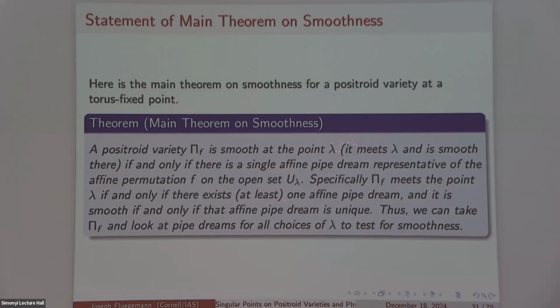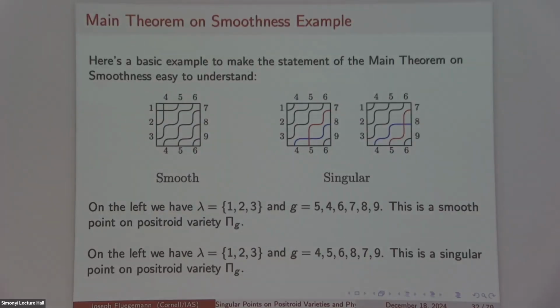So the shape of the pipe dream corresponds to lambda, and if there's just one, so if there's no moves, then that Positroid variety is smooth at that point.